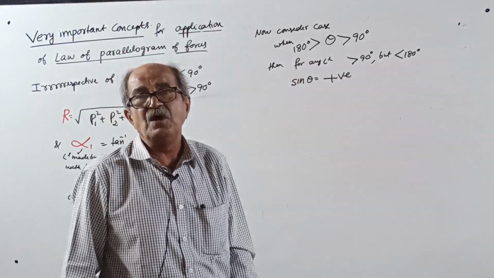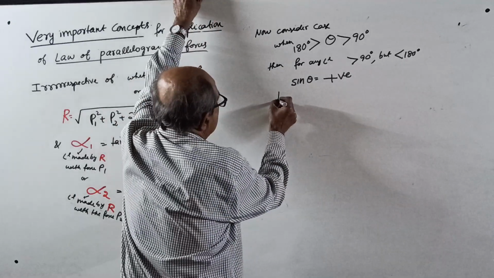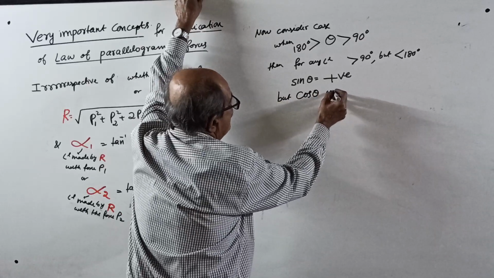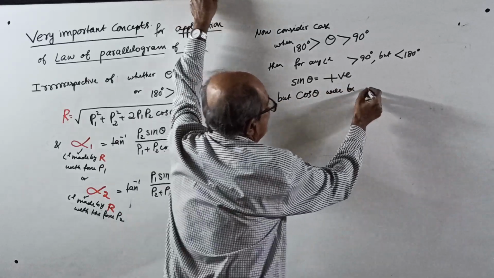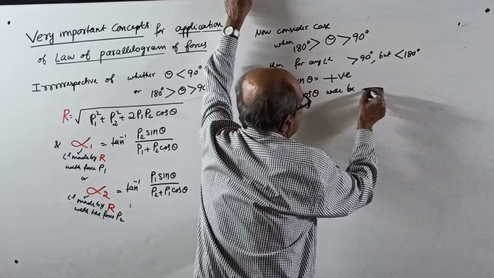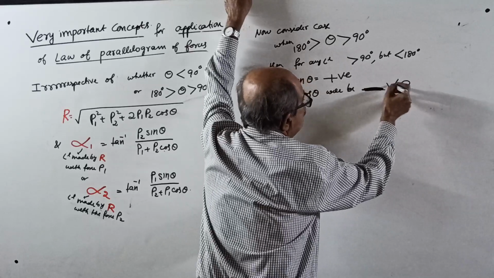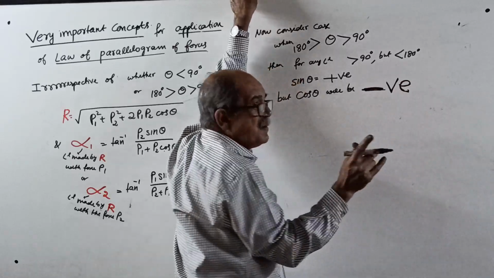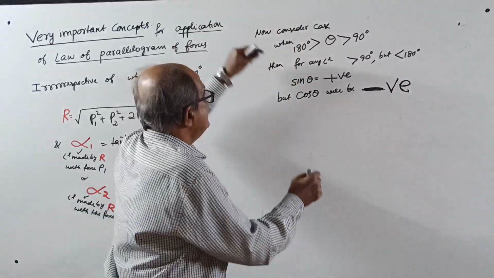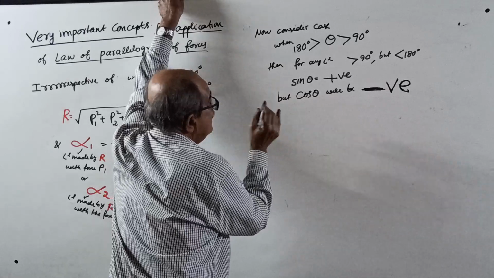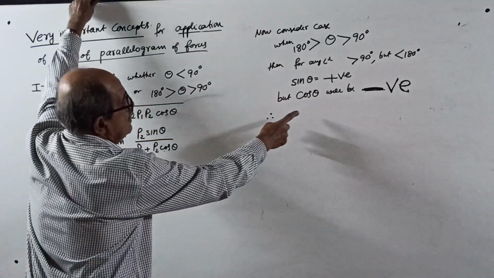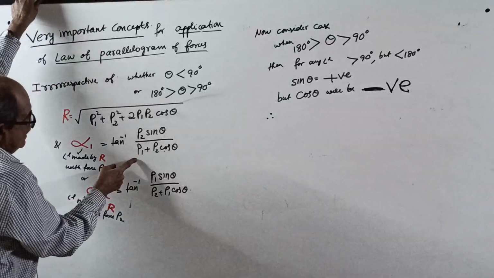But cos theta will be negative. You don't have to write it. When you use the calculator, it will take it as negative. You remember it. Therefore, cos theta can be negative.